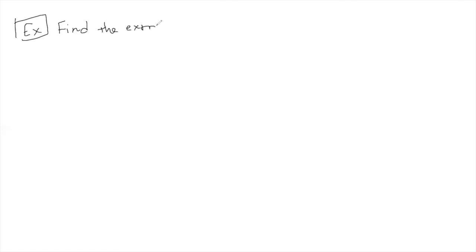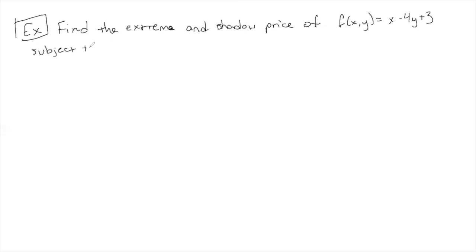Find the extrema and shadow price of f of x, y equals x minus 4y plus 3, subject to the constraint 2x squared plus y squared equals 594.